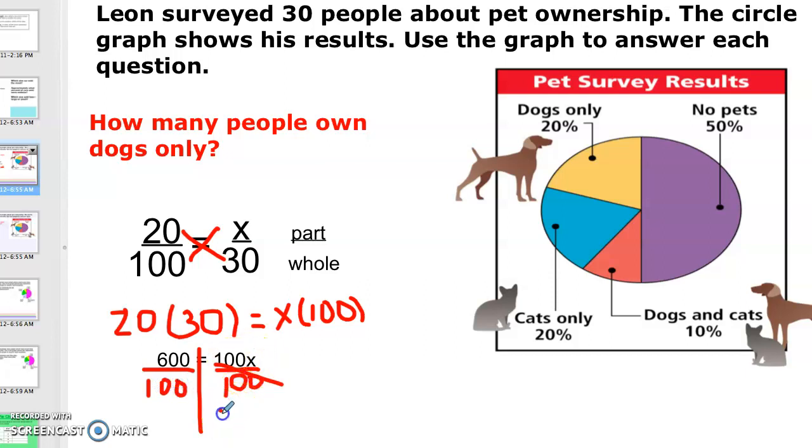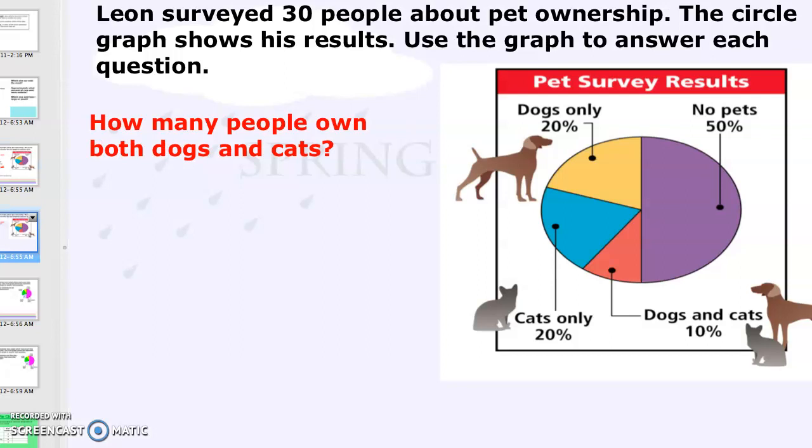This cancels, and I'm left with x, which is what I want. 600 divided by 100 is 6. So what does this mean? That means that 6 people own dogs only.